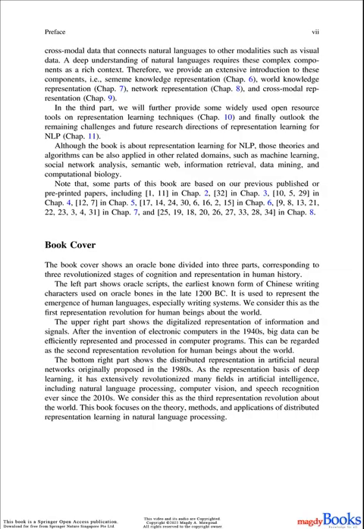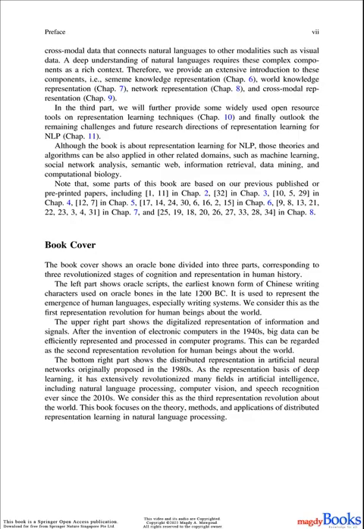The upper right part shows the digitalized representation of information and signals. After the invention of electronic computers in the 1940s, big data can be efficiently represented and processed in computer programs. This can be regarded as the second representation revolution for human beings about the world. The bottom right part shows the distributed representation in artificial neural networks originally proposed in the 1980s.